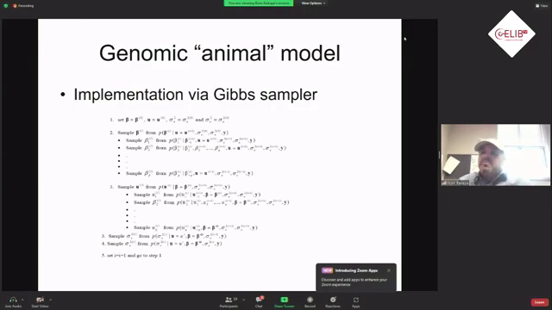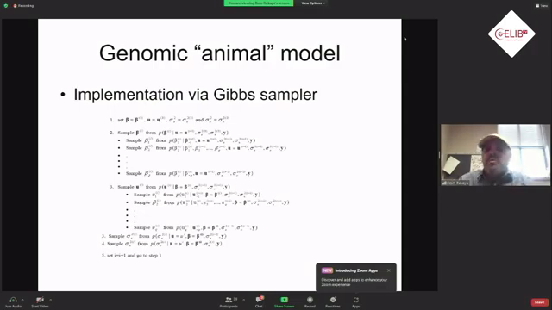These are methods that require a huge number of samples. So you are sampling in hundreds of thousands or sometimes millions of rounds, and you have to be very careful about what you are doing. But other than that, implementing these models is not too problematic from a conceptual point of view.